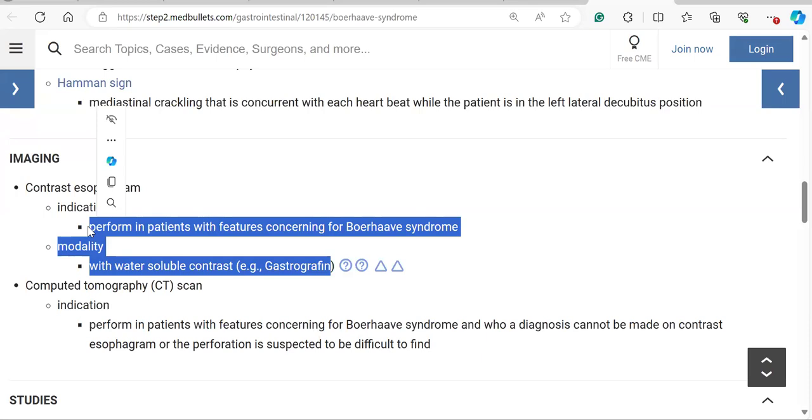If we do a CT scan, can we do a contrast CT? We can't use the contrast dye because it is a ruptured esophagus.